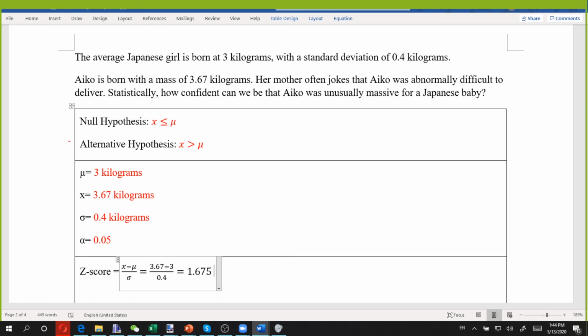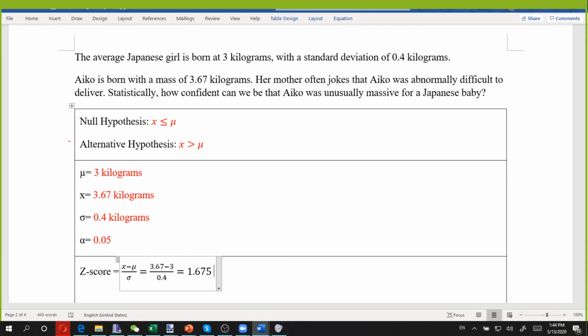Z-scores always measure what? I don't know. Okay, I'm going to open it to anyone.